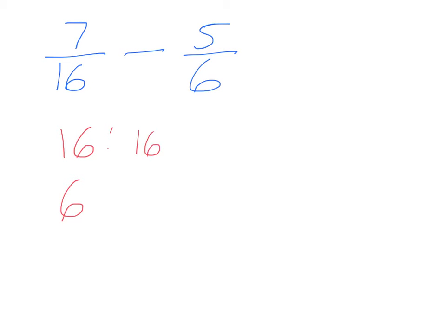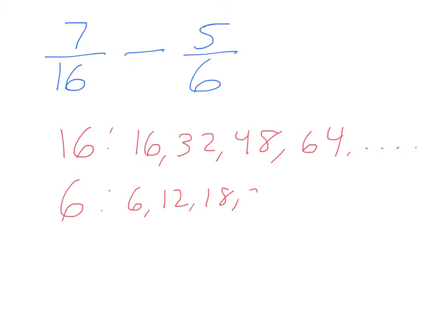So 16 and 32 and 48 and 64 and so on. And then for 6, you had 6, 12, 18, 24, 30, 36, 42, 48, there it is. Finally, I found one that matched. So I know my least common denominator was 48.